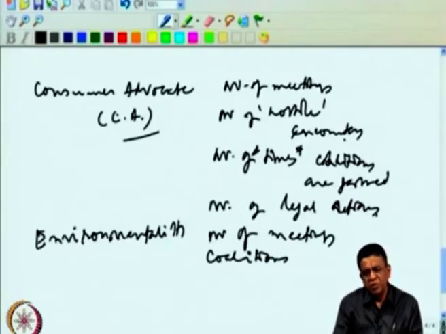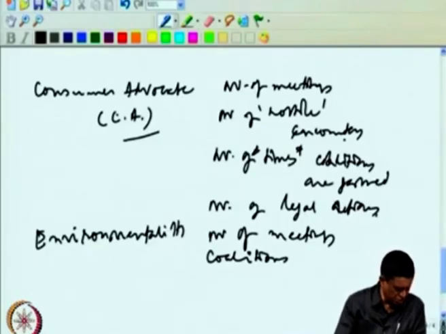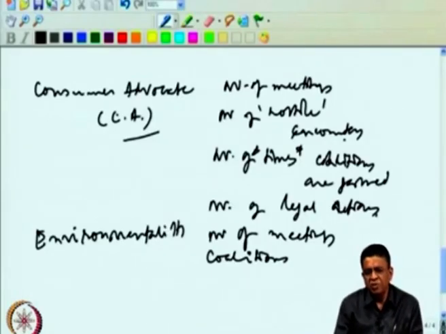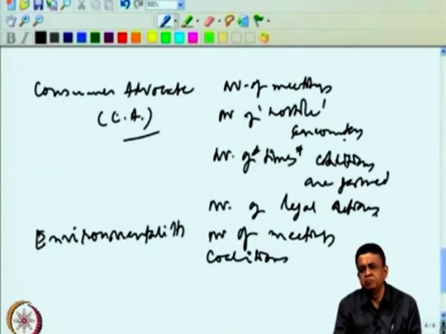The number of times you are able to convert these hostile encounters to coalitions. Then, whether they have taken your company to some environmental boards for action.